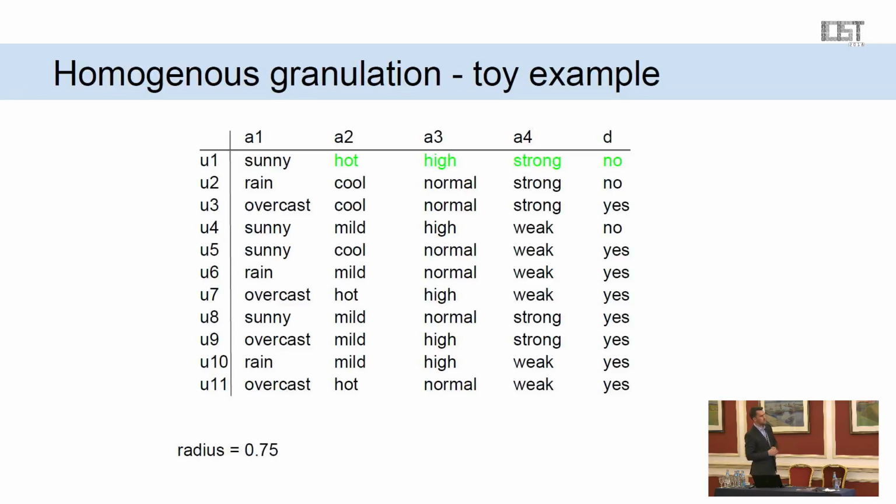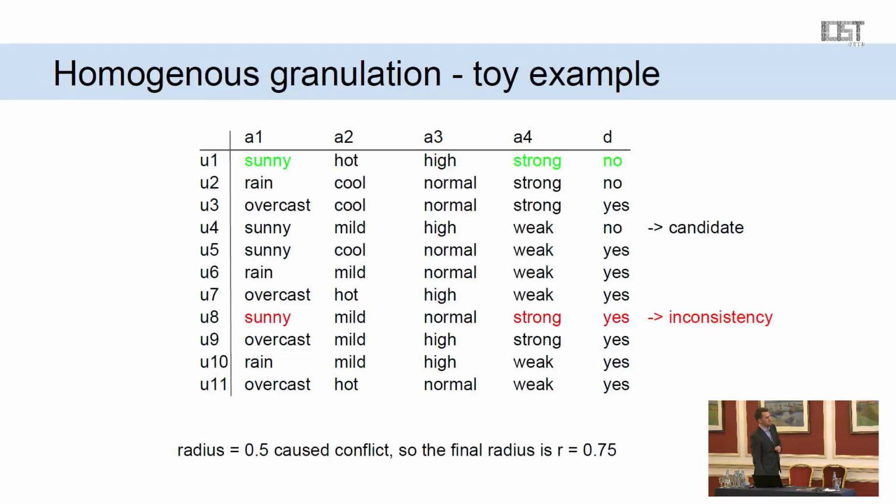As we see at the bottom, the current radius is 0.75. It means that we are looking for 3 out of 4 attributes in this data set. Then we are lowering the radius and looking for 2 similar attributes. There is one candidate, valley, sunny, and high with the same decision.